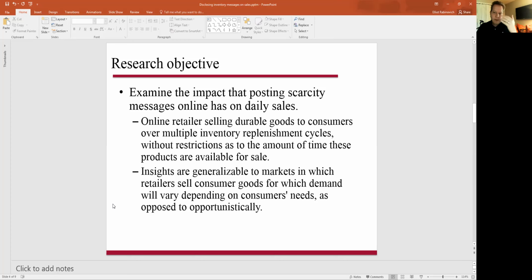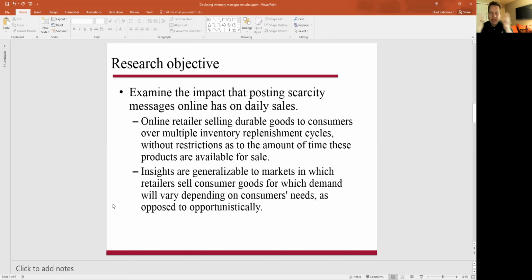Basically, the way it works is when the product's inventory reaches a threshold of 5 units, so it goes down to 5 units in inventory, the retailer displays a message letting consumers know that there is low inventory, that inventory is 5 units or less. And the idea then is to let consumers know that inventory is running low without providing them with exact information about the inventories.